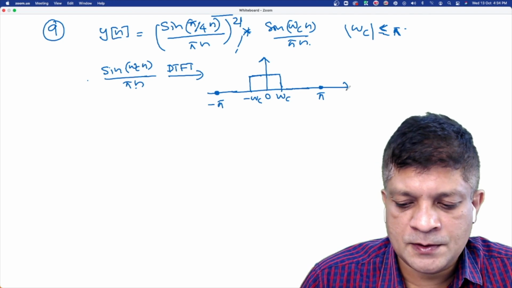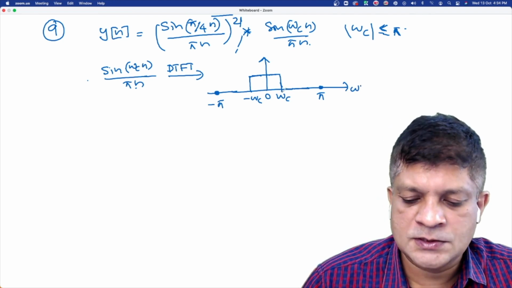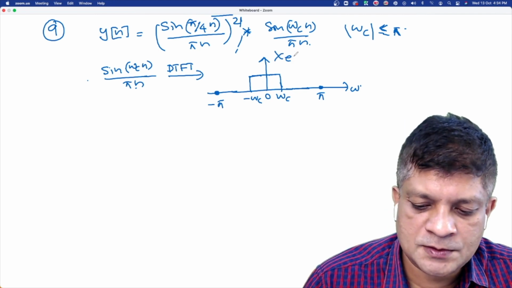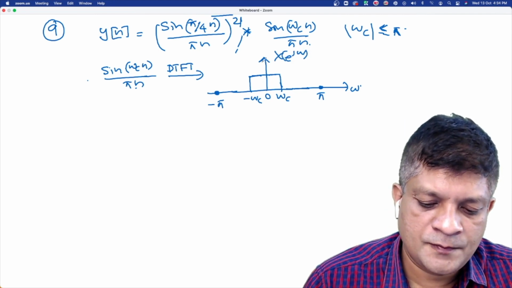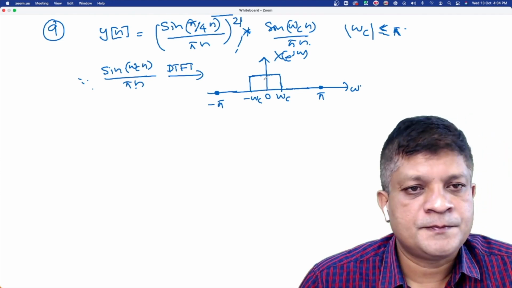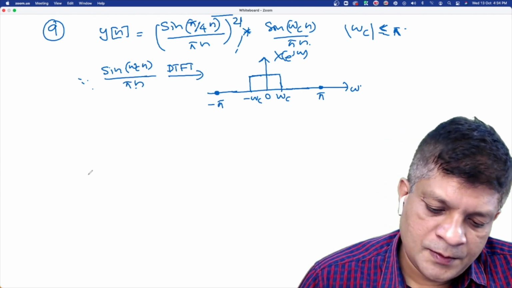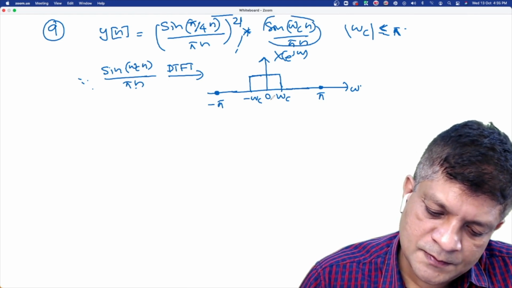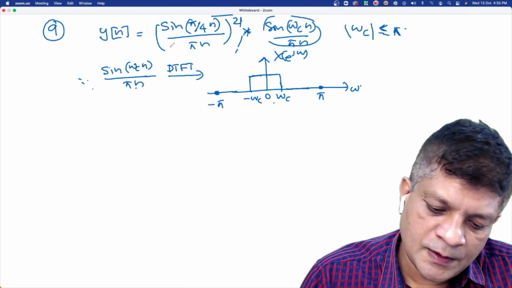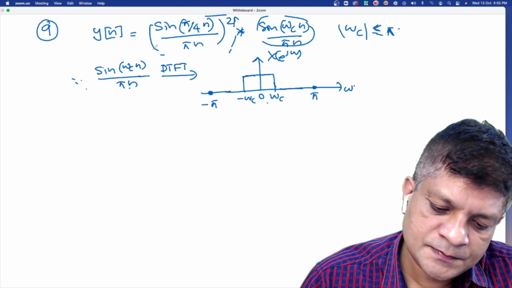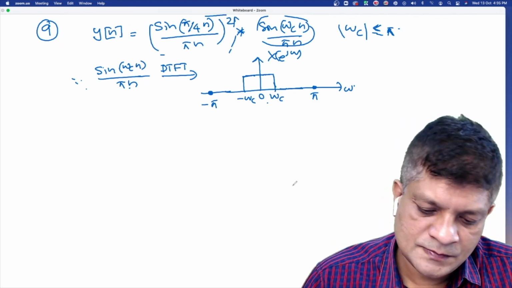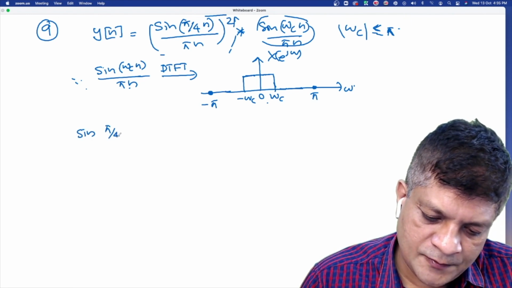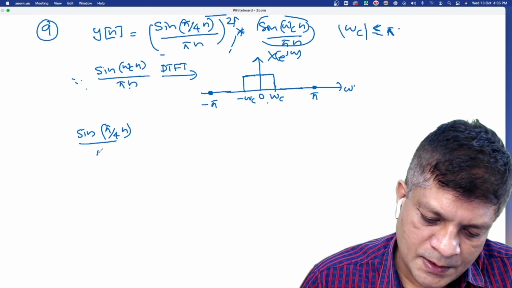Remember, this is a periodic function in omega, and this is one period of that spectrum, X(e^{j omega}). If this is x[n], can you tell me the Fourier transform of this part? What is the Fourier transform of sin(pi n by 4) by pi n?